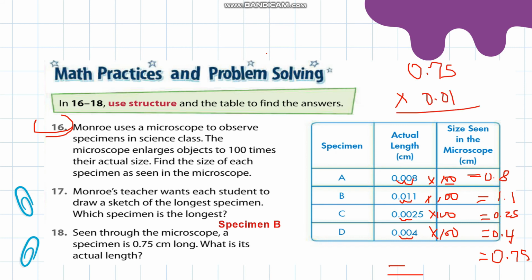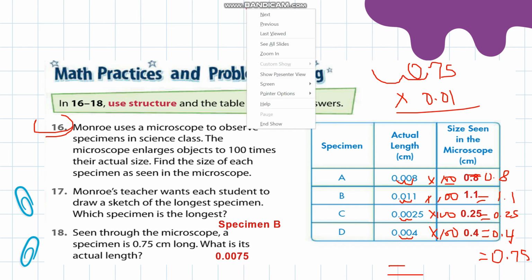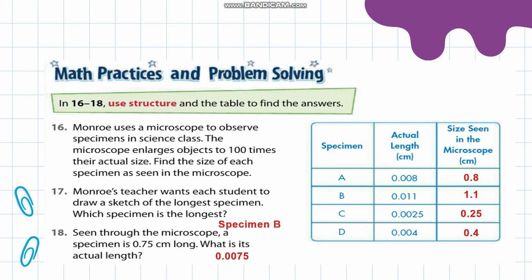So how to multiply? 0.01 is 1 over 100, so move to the left 2 times, 1 and 2. So the answer is 0.0075. Okay? So those are the answers from number 16 to number 18.